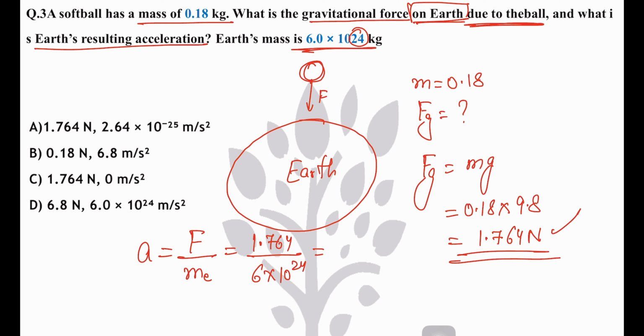Solve it. 2.94 times 10 raised to power negative 25 meter per second squared. So this is the acceleration received by the Earth from the ball.